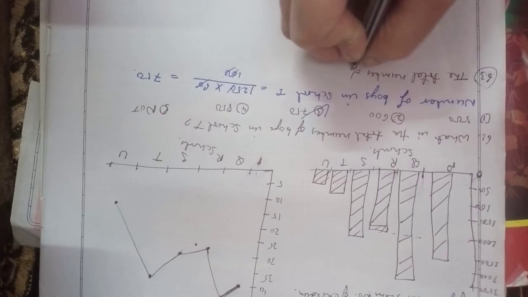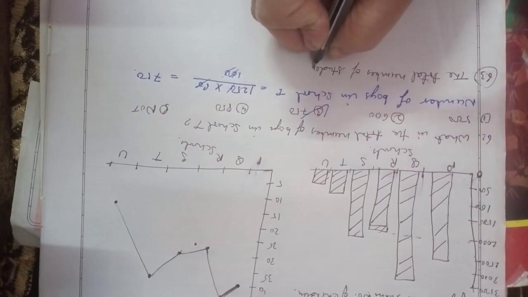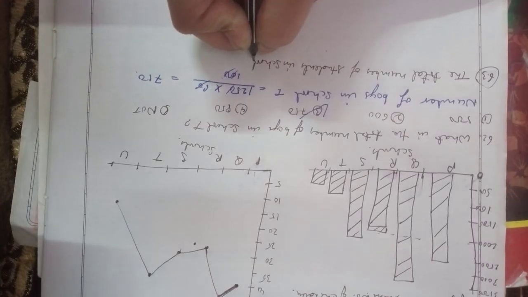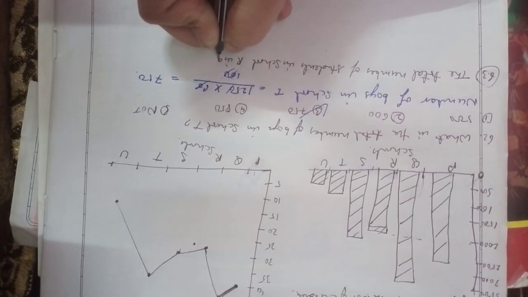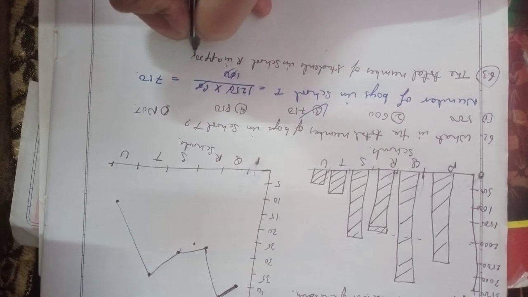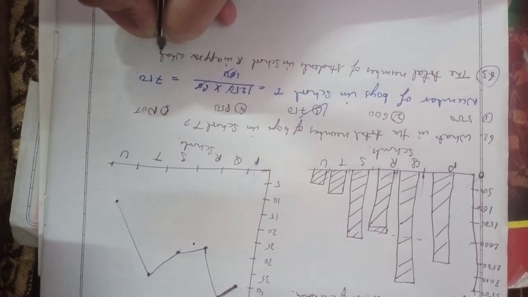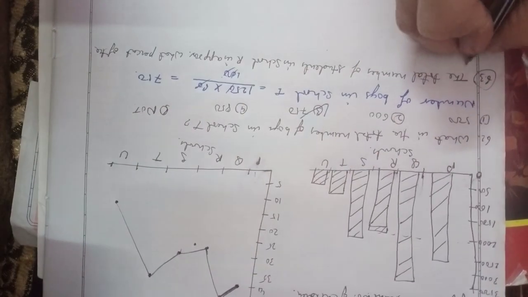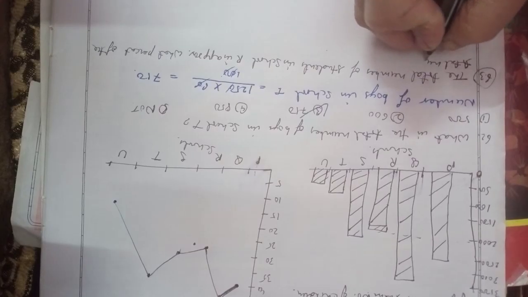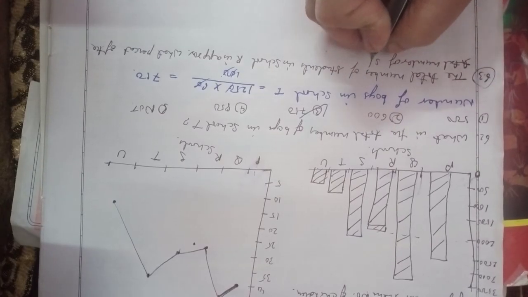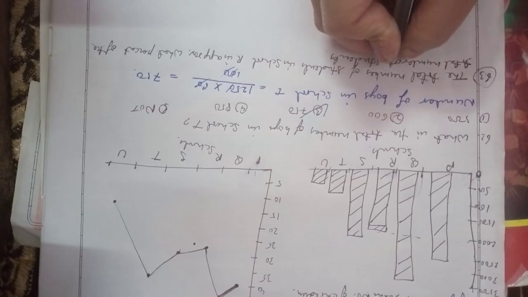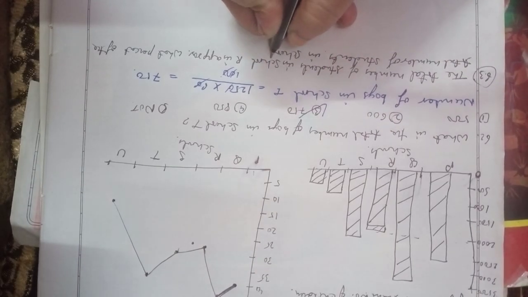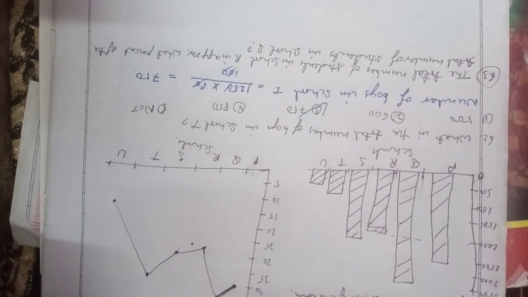The total number of students in R is approximately what percent of the total number of students in school S. Let's go for the same.